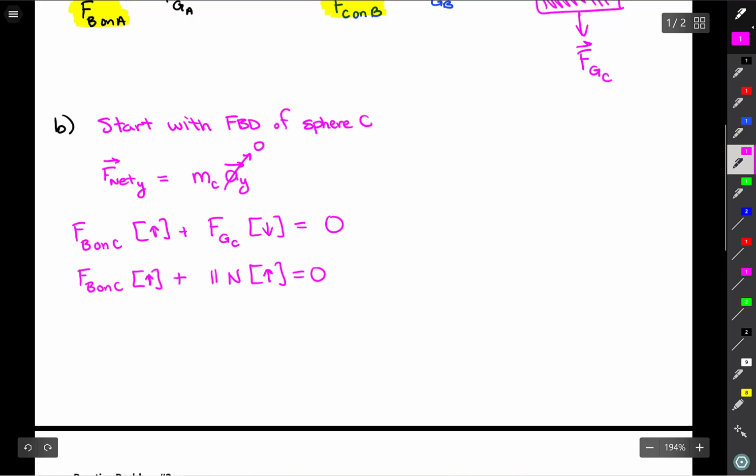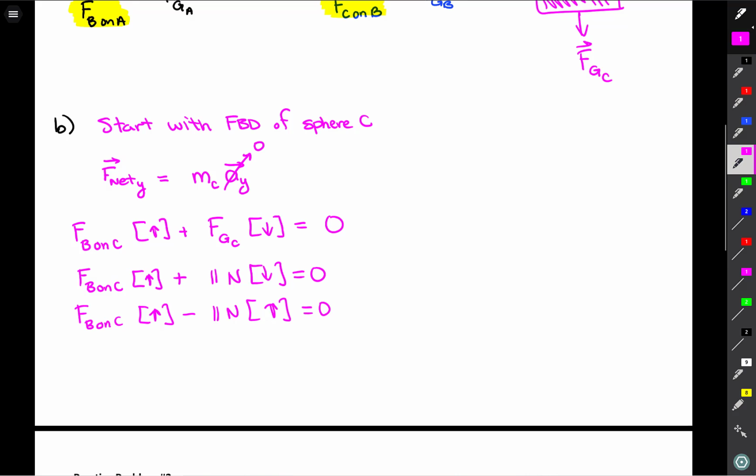Let's make sure that our forces are actually acting in the same direction. So I have FB on C acting upwards minus 11 newtons acting upwards is equal to 0. Now that we know both of our forces are pointing in the same direction, I can drop the directions, and I can say FB on C is equal to 11 newtons from rearranging my equation.